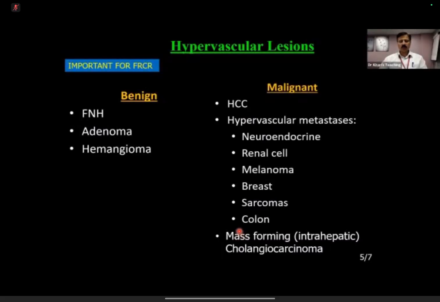Cholangiocarcinoma here is what we call intrahepatic cholangiocarcinoma, also known as mass-forming cholangiocarcinoma. So don't confuse it. Cholangiocarcinomas can be intrahepatic and they can be extrahepatic, for example porta hepatis, or more distally also. But we are talking about intrahepatic cholangiocarcinoma. So this slide is the key on which we will build our cases today.